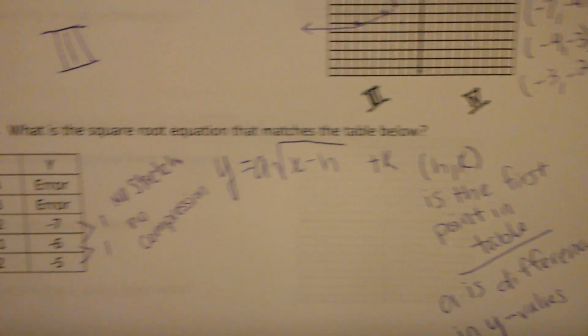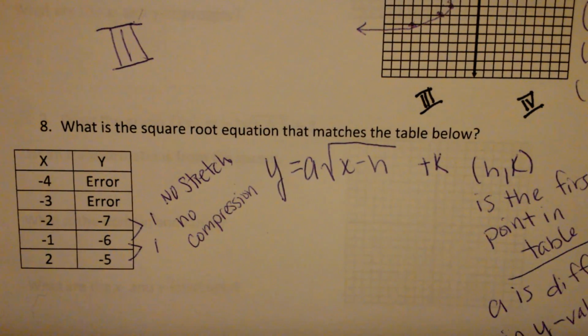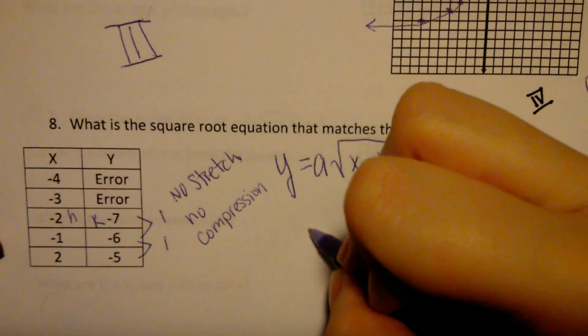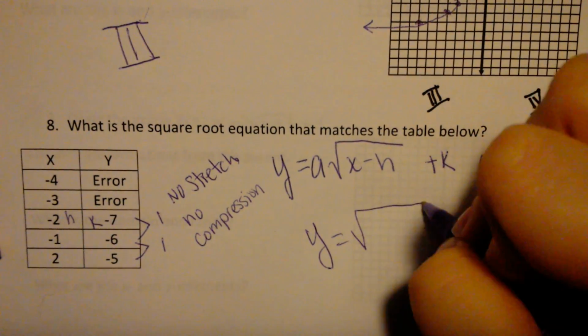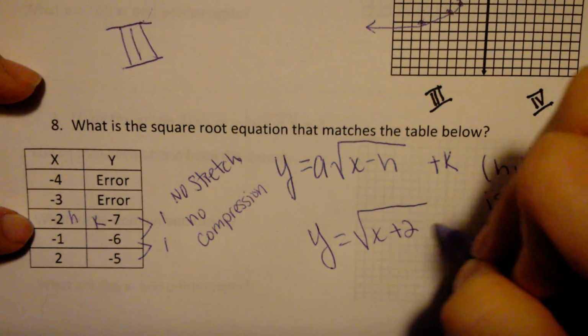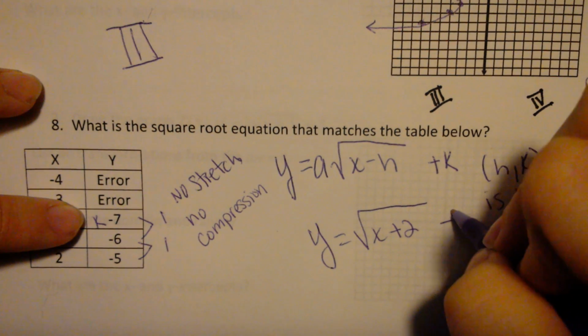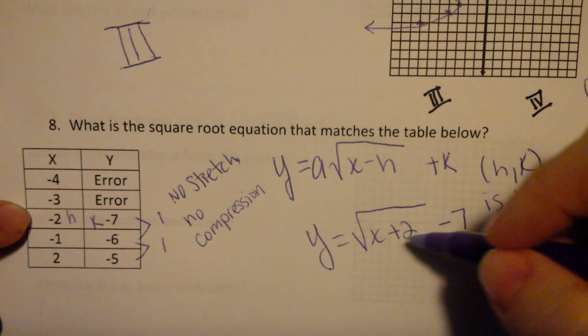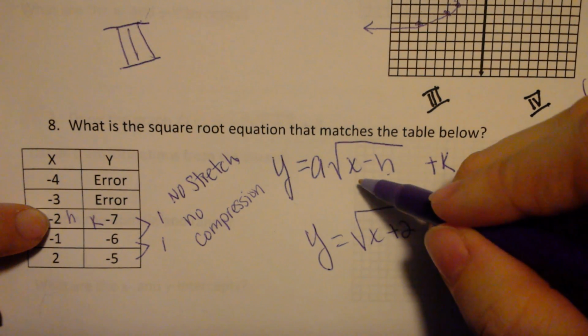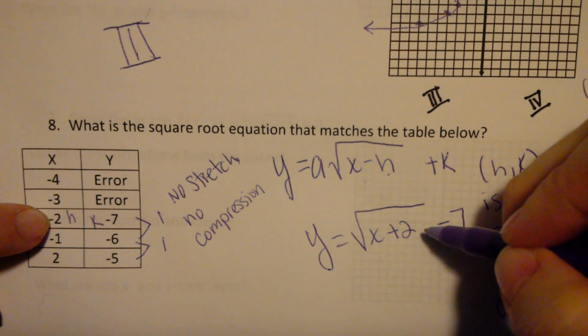So then my h, k is -2, -7. So when I write it, it's y equals the square root of x plus 2 minus 7. It says subtract h. If h is negative, I'm subtracting a negative, it becomes a positive.